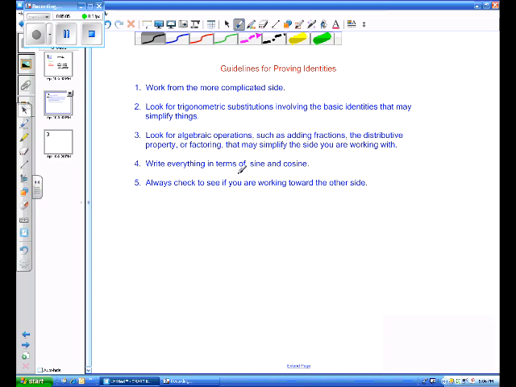Something else that we might do is write everything in terms of sine and cosine so that we're only dealing with those two functions. They're a little bit easier to work with. And then one thing we always want to make sure of is that even though we're working with one side, we always look toward the other side to make sure that what we're doing is going to lead us toward that.